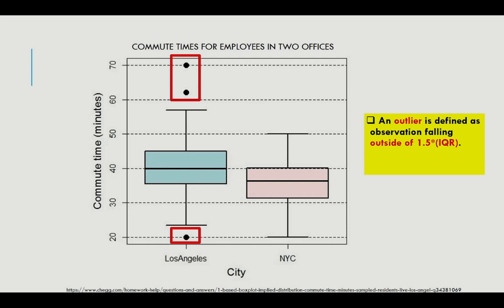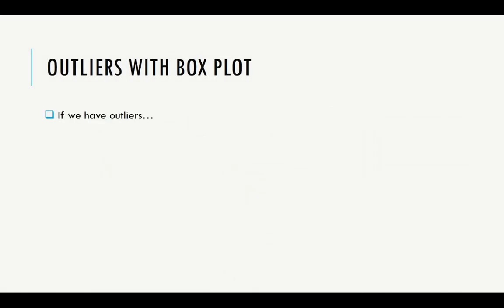So we need to make sure we have that definition down. An outlier is going to be an observation falling outside of 1.5 times the interquartile range. And Excel can flag these for us. More on that later. Now, if we have outliers, then the idea of the min and the max have to be redefined, right?